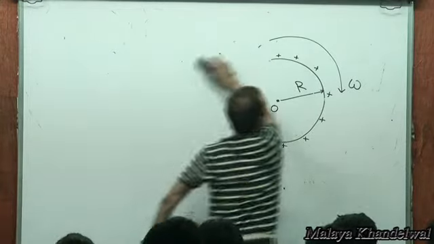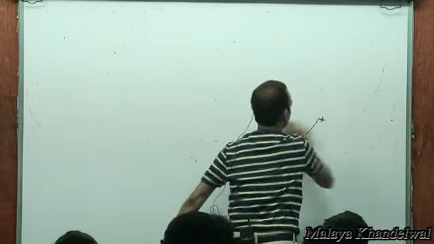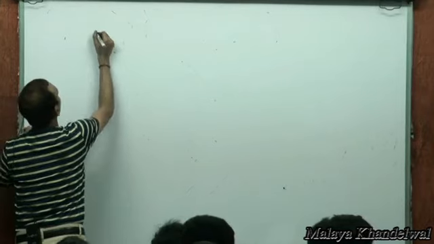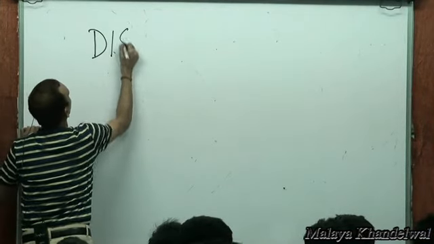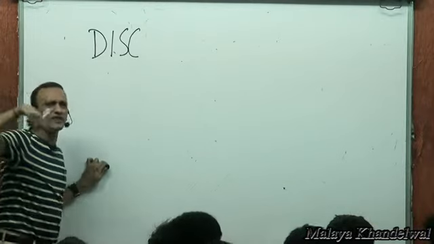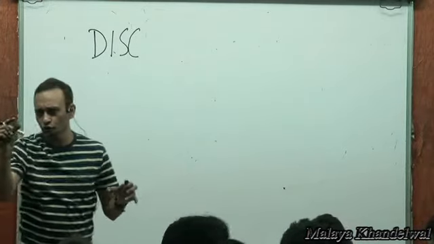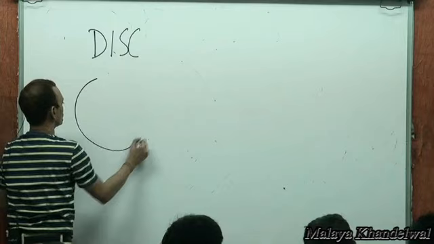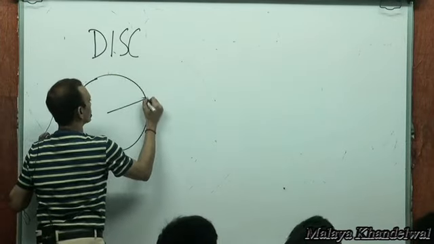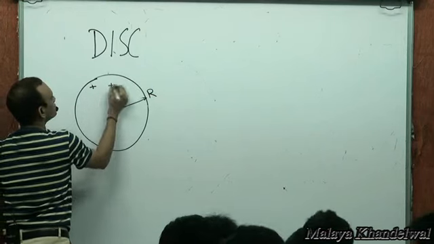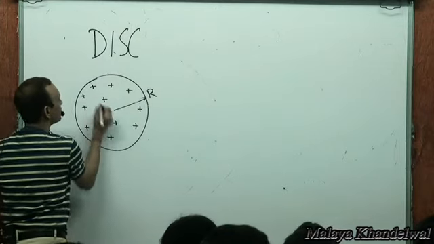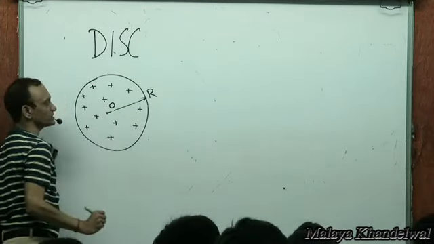Now suppose there was a disk, say non-conducting. This ring was also non-conducting, so that the charge remains glued. This disk is also non-conducting, of radius r, and charge was uniformly available on this non-conducting disk.